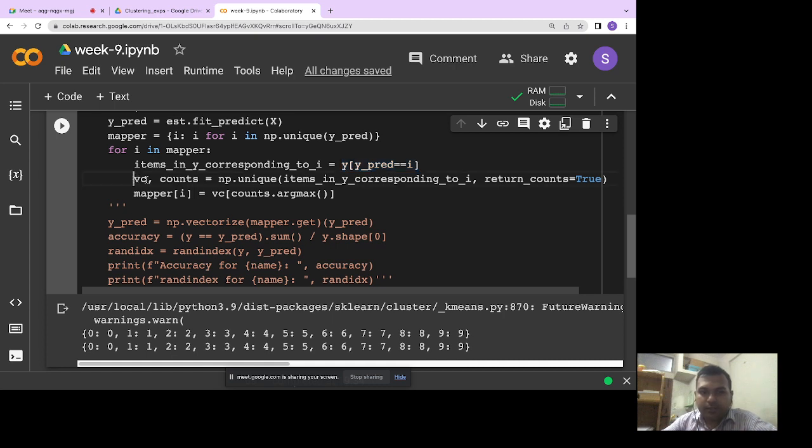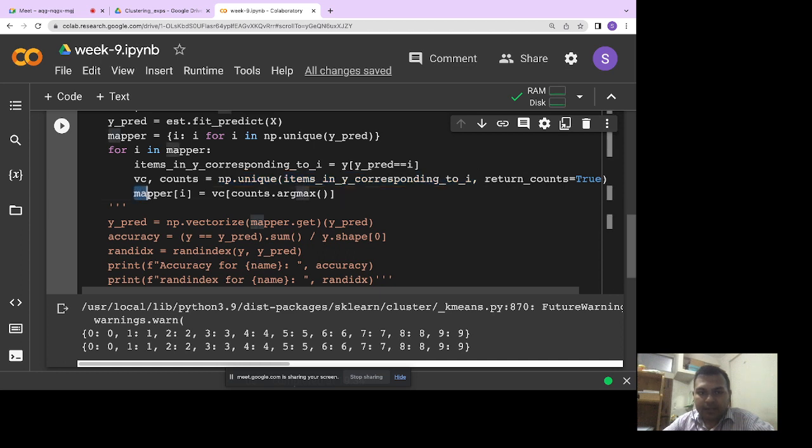This vc comma counts is nothing but it will give you the unique items. As you saw, when I was predicting 5, it is actually 1, it is 2, it is 8, and all those things. So what it will do is say, among all those values in the target, what are the individual values I have seen and what are the counts of those values.